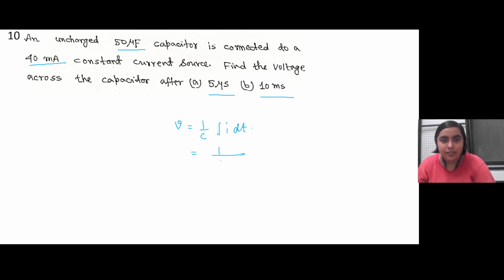Now capacitance is given as 50 microfarad, and current is constant, that is 40 milliampere. So we can take out the constant, 40 by 50 into 10 to the power minus 6. Integration dt is t.